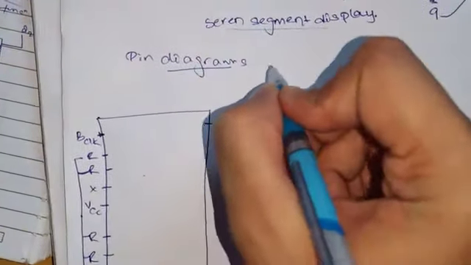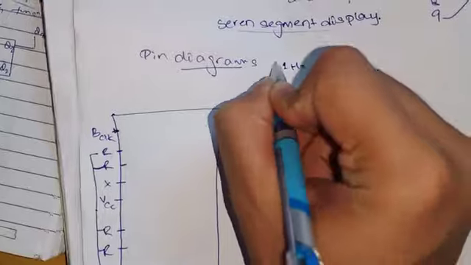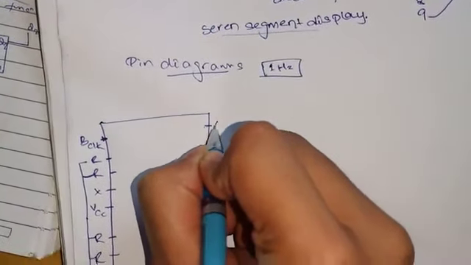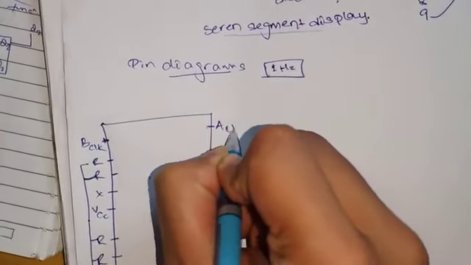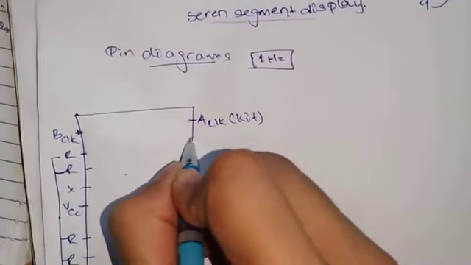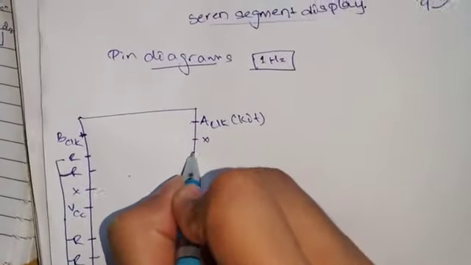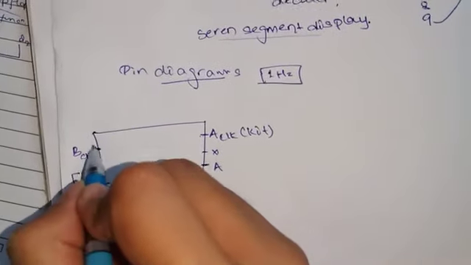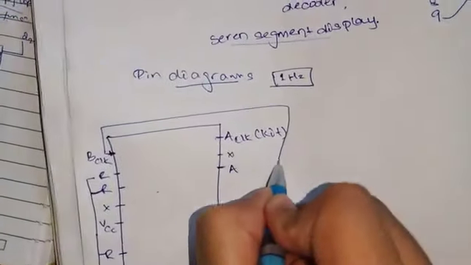Like from 1 hertz, this is the frequency of a clock, and in brackets I will write kit. Then there is no connection here, and through A you need to connect like this.